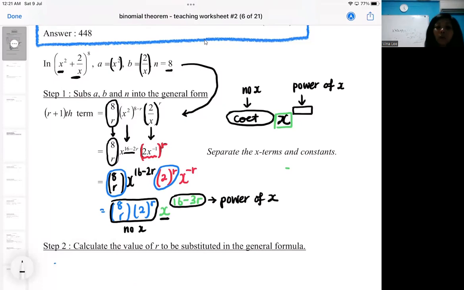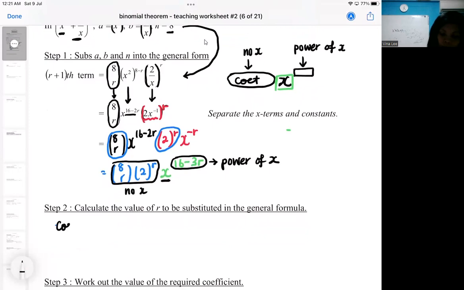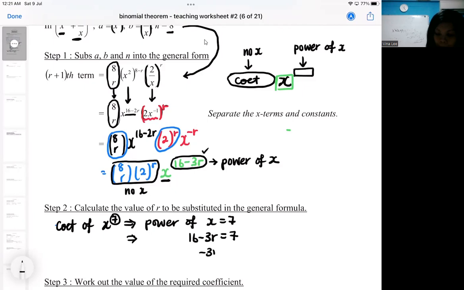And what are we interested in? We are interested in the coefficient of x^7. Do you realize that the power is 7? Which means you should set this to 7, and you will get a nice number.